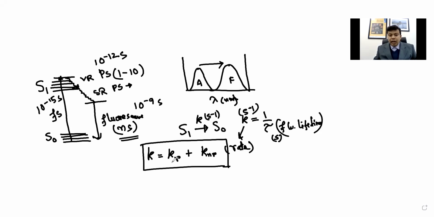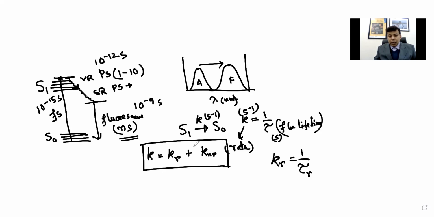And radiative lifetime is a theoretical lifetime: kr equals 1 over tau r, the characteristic lifetime of a fluorophore if you don't have any other non-radiative decay channels. In practice, you don't measure tau r, you measure tau, which is much lower than tau r, because you now have knr.